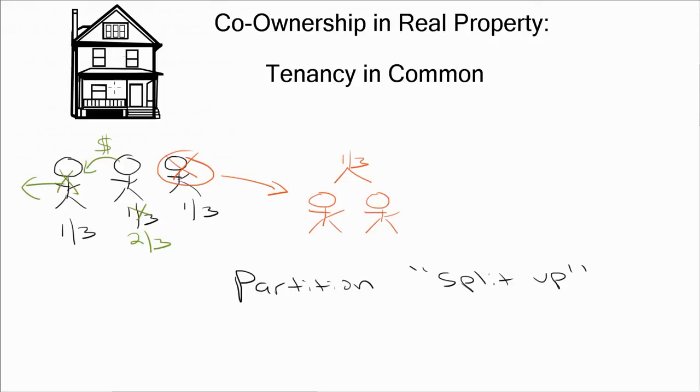For instance, what if all 3 want to live here and they can't come to an amicable agreement? Then partition is to split it up. Since there's one house, you can't split up the house, so the other right of partition is to sell the asset and partition the money it brings in, usually relative to the ownership interest that each has.